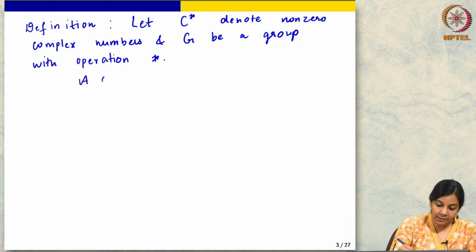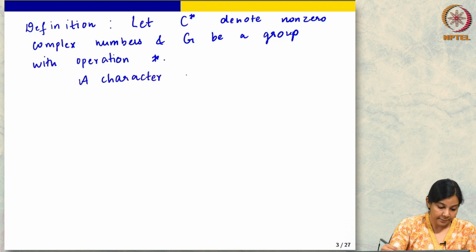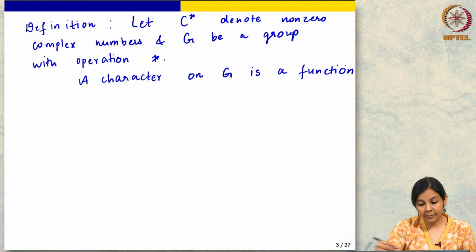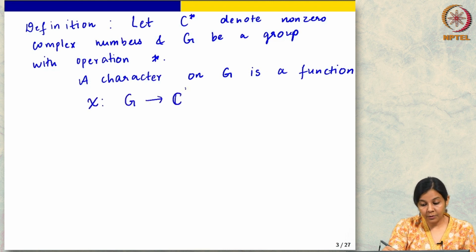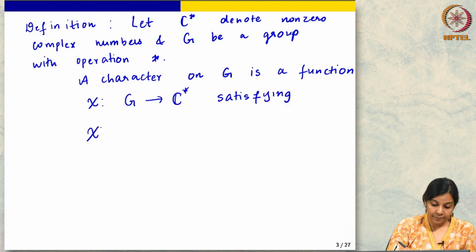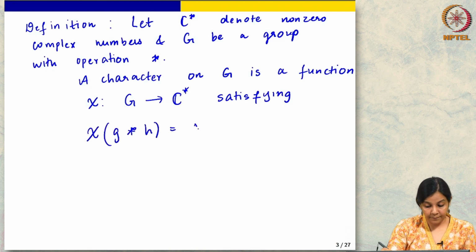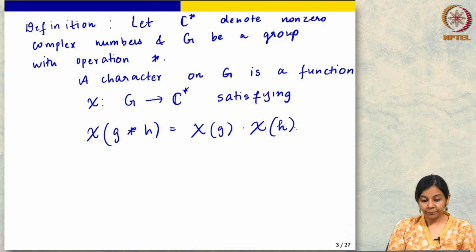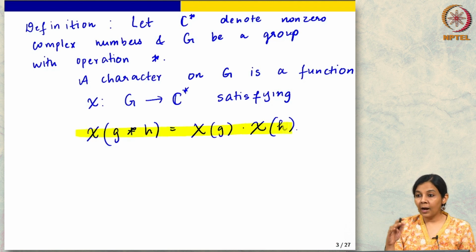A character on G is a function chi going from G to C star satisfying this property: chi of G asterisk H is equal to chi of G times chi of H. What this means is that chi is what is called a homomorphism from G to C star.